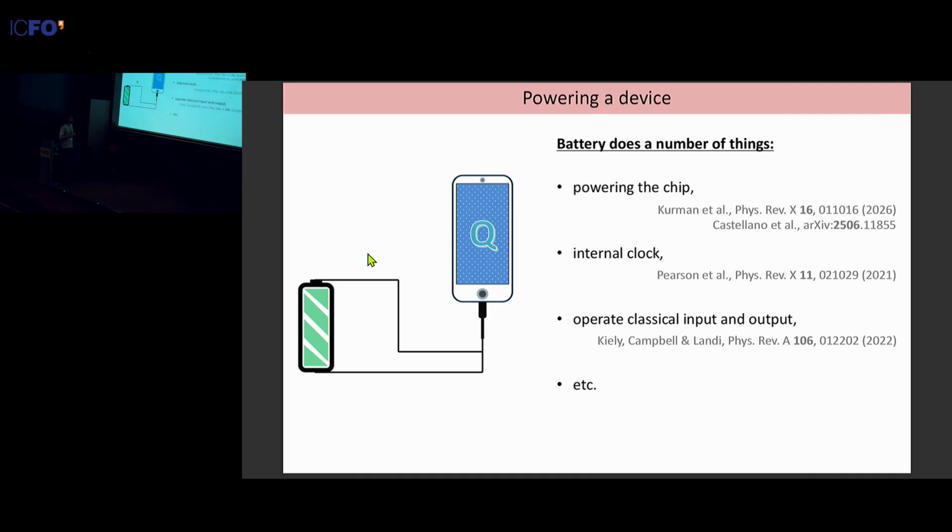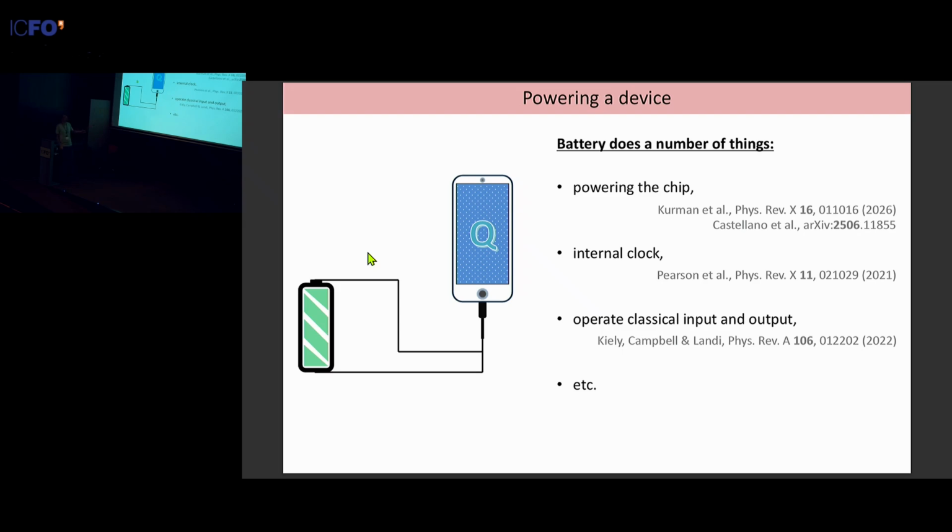Imagine, hopefully someday in the future, a generic scenario where we have a quantum device, maybe designed better than this, but still, that is powered by a battery that is also supposedly a quantum system. Now this battery would have to do a number of things. First of all, it would have to power the chip, the logical circuit that does all the interesting things in the machine.